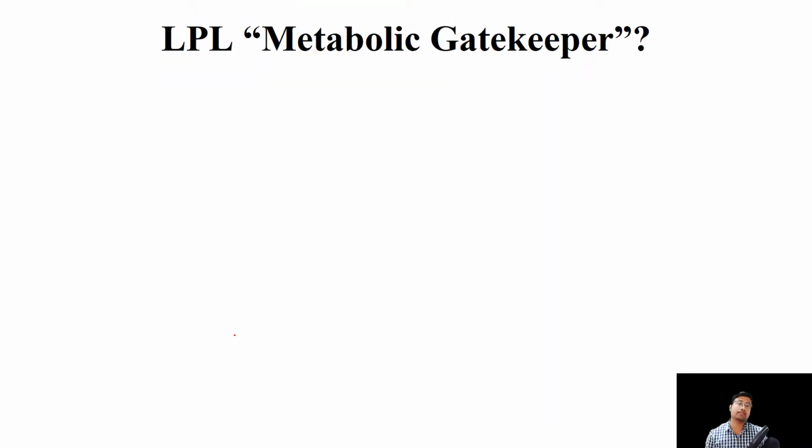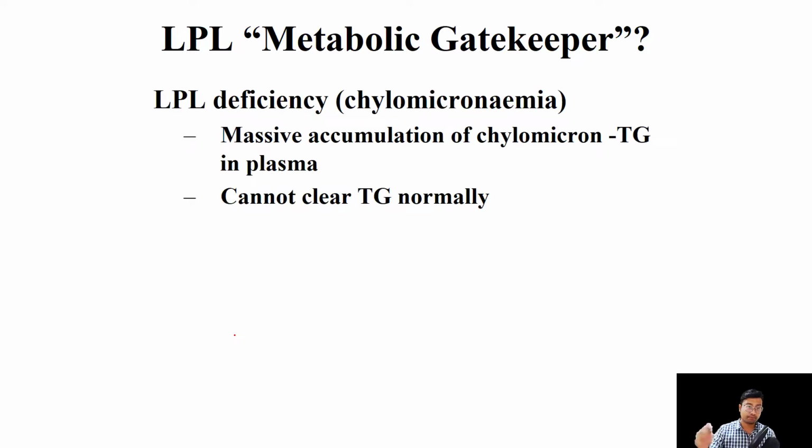So this now brings to the question, an explanatory type of question that is often asked: why is lipoprotein lipase known as the metabolic gatekeeper? This can be asked in viva, it can come in theory. The whole process of LDL synthesis from dietary fat starts from chylomicron.